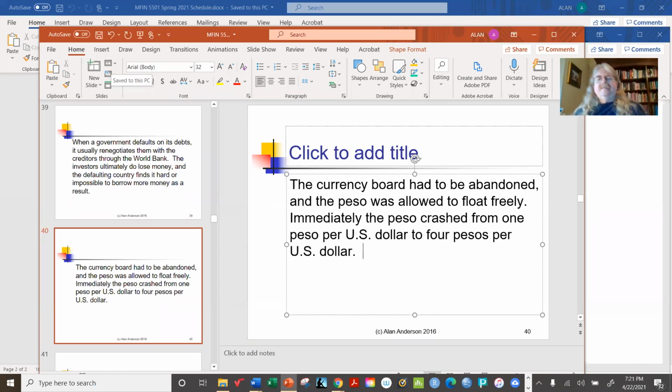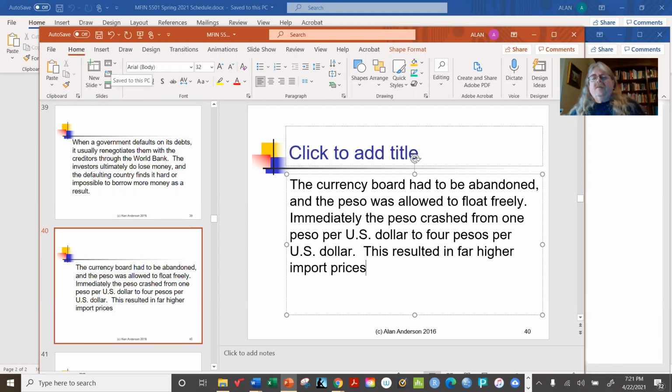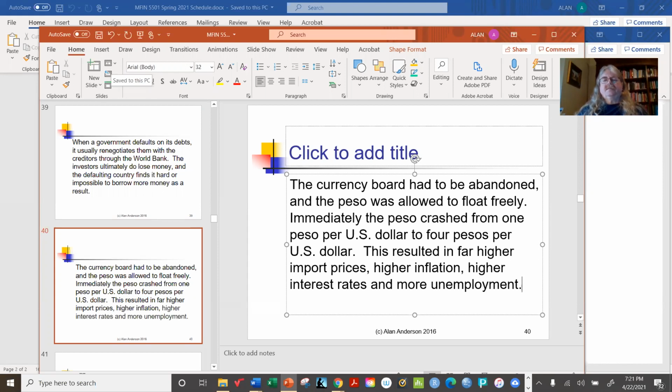Now, this resulted in far higher import prices. And of course, they're buying important things; they're getting a lot of their oil from abroad, they're getting food, etc. So their import prices are rising dramatically: higher inflation, higher interest rates, and more unemployment. And so you can see it was a mess.